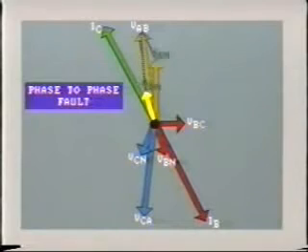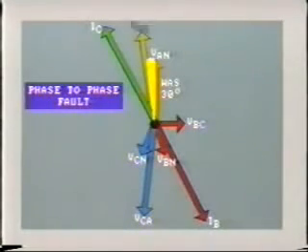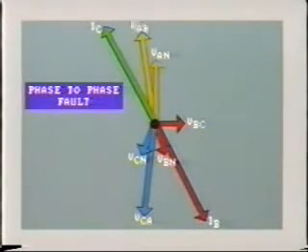Subtracting these phasors, we find that VAB moves back in phase angle. It now leads VAN by less than 30 degrees. The magnitude of VAB is also reduced slightly. We can see that this phase-to-phase fault has seriously distorted our previously balanced condition.